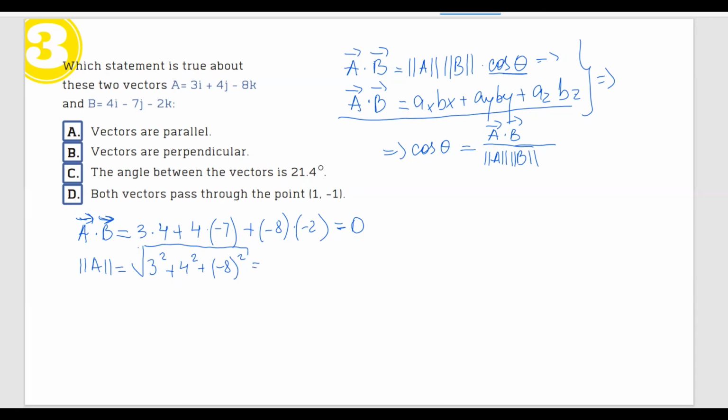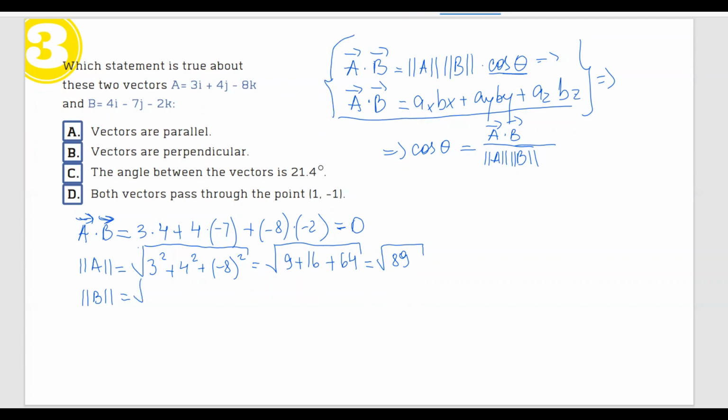And this is going to be equal to the square root of 9 plus 16 plus 64. And I get the square root of 89. And then we're going to do the magnitude of B. And just to point out, this formula is not given in the FE handbook. It's important for you to know the magnitude formula.